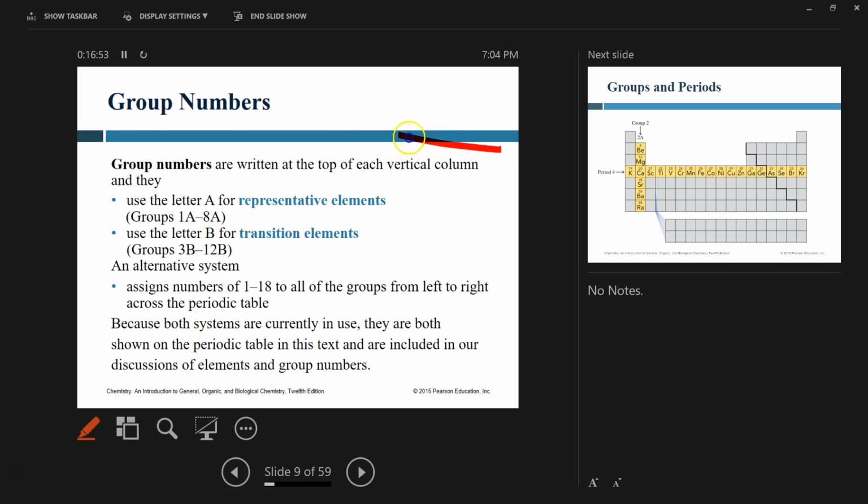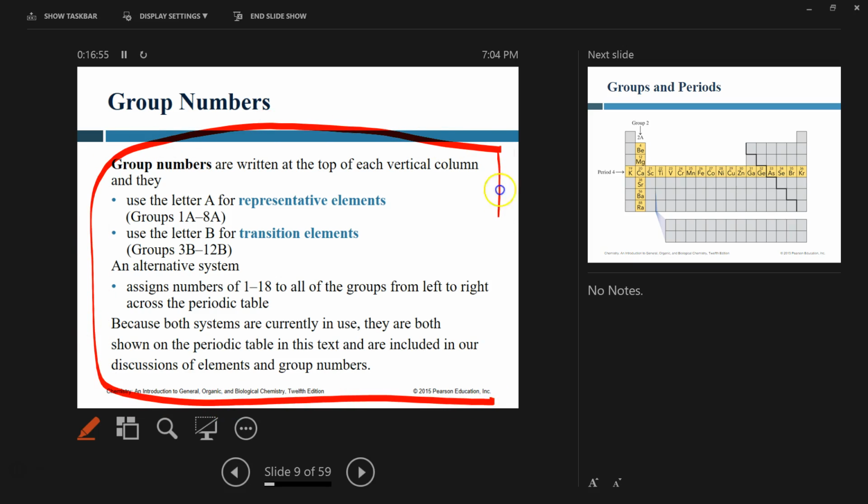So this is the explanation of the system that I was talking about. So group numbers 1 through 8 with the letter A, 1A, 2A, 3A, and so on and so forth. That's the main groups, the representative elements. Groups 3B to 1B, 2B are transition elements.